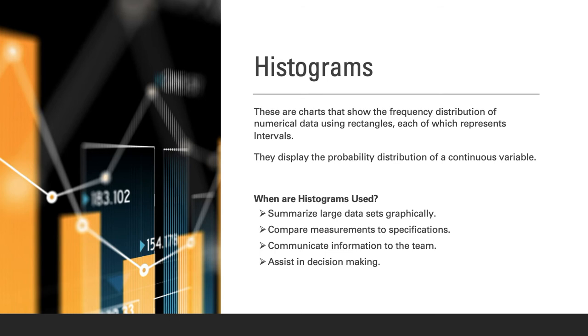Baka mamaya sobrang tagal na nabili yung ating inventory. It's a slow-moving inventory. It's an indicator na pwede siyang lagyan ng allowance for inventory obsolescence. Okay? Yung mga tipong ganon. Okay? So that is for the histogram.